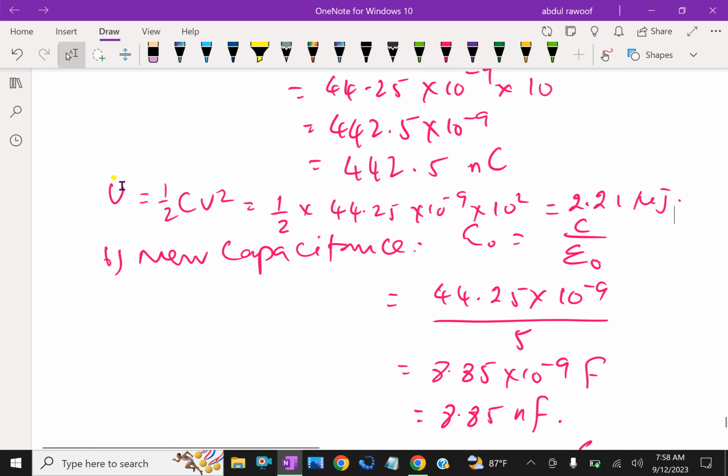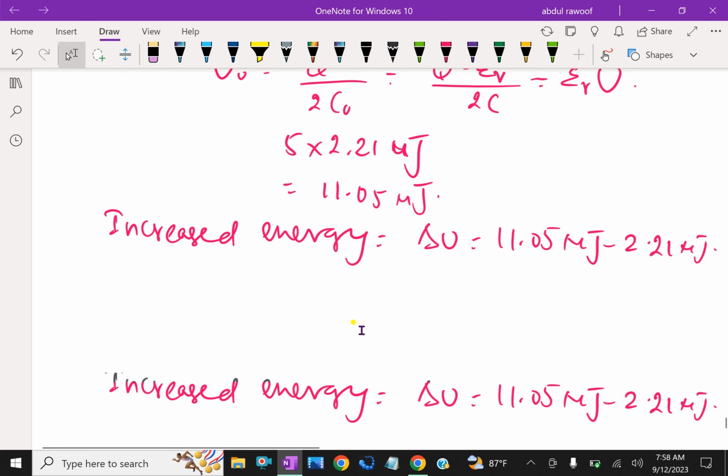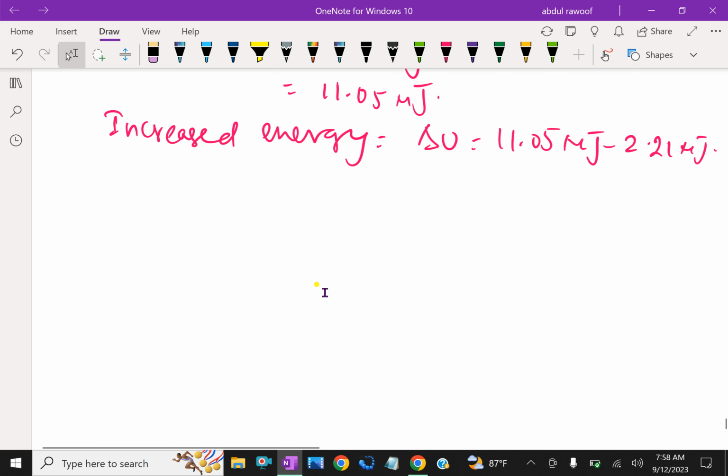This microjoule is subtracted here, which gives 8.84 microjoule.